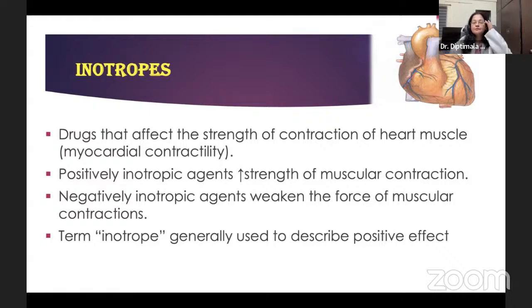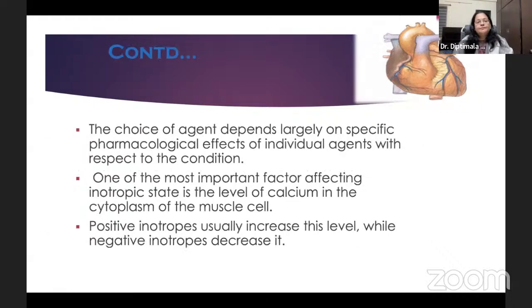So very basic question, what is an inotrope? Drugs that affect the strength of contraction of heart muscle, the myocardial contractility, is an inotrope. So this will increase the strength of muscular contraction. Term inotrope generally is used to describe a positive effect.